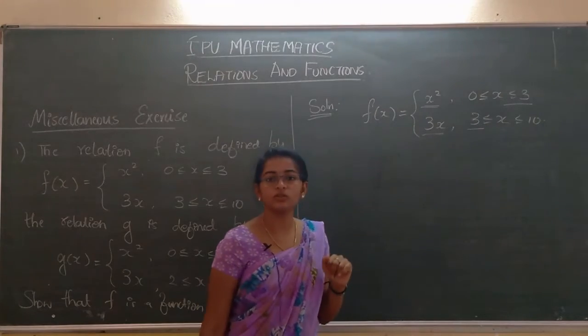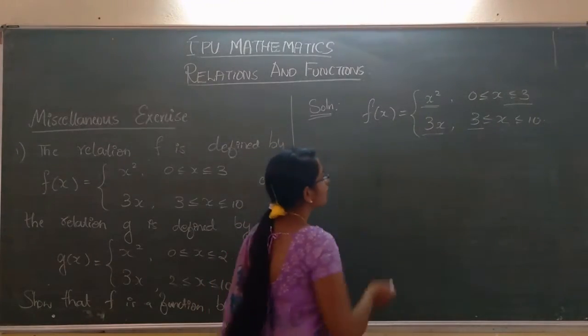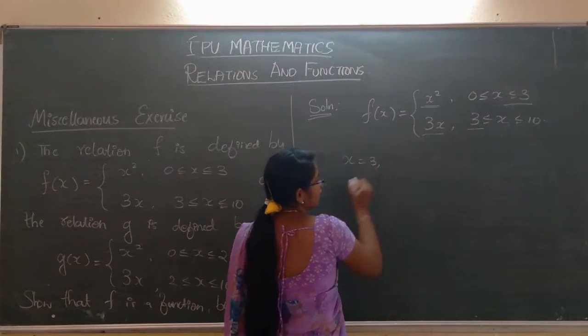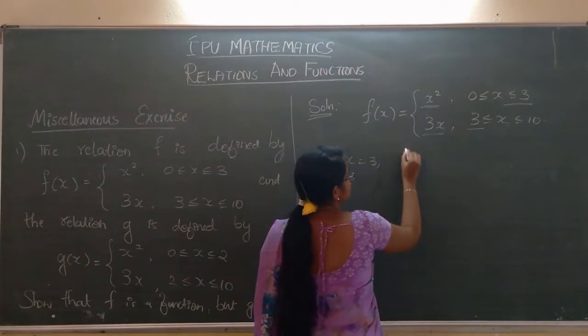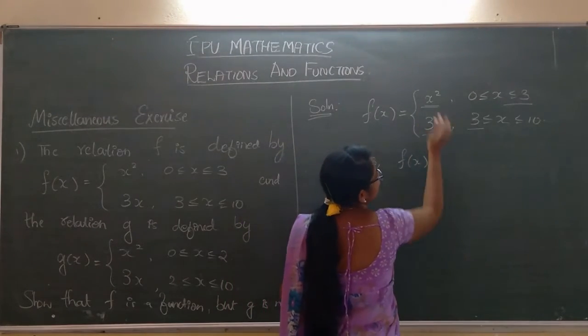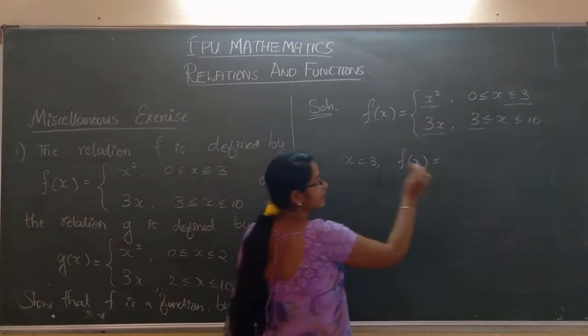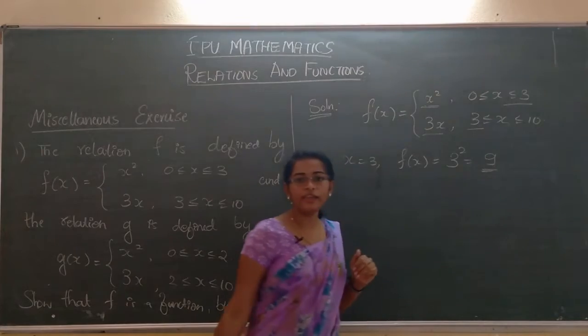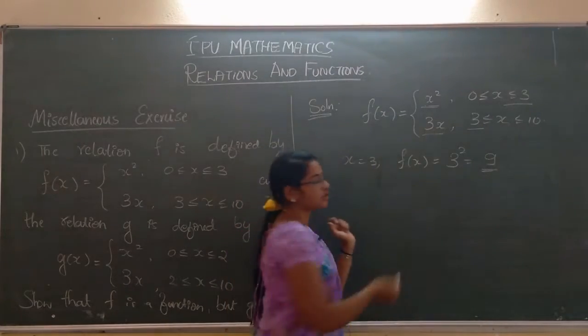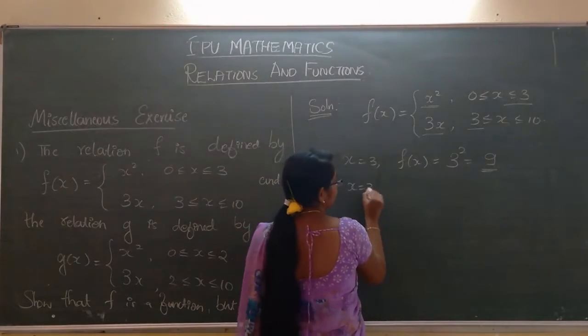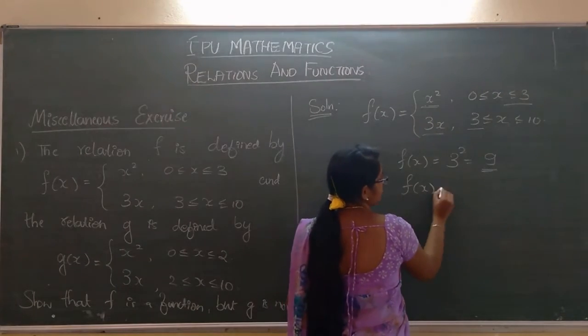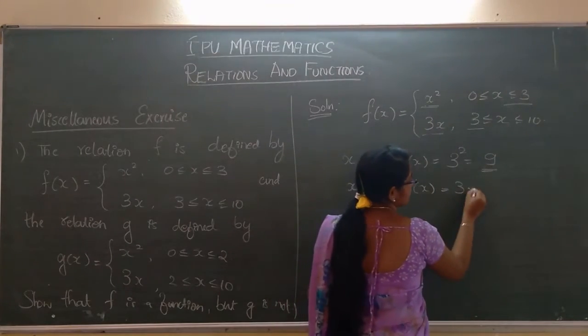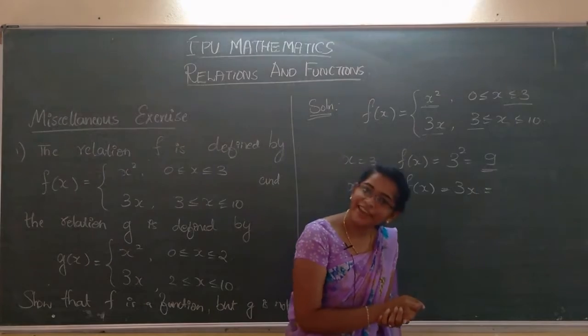So what shall we do now? Let's check what happens if x is equal to 3. According to the first definition, f of x is equal to x square, so for x equal to 3, that is 3 square, which is 9. According to the second definition, when x is equal to 3, f of x is equal to 3x, that is 3 into 3, which is again 9.